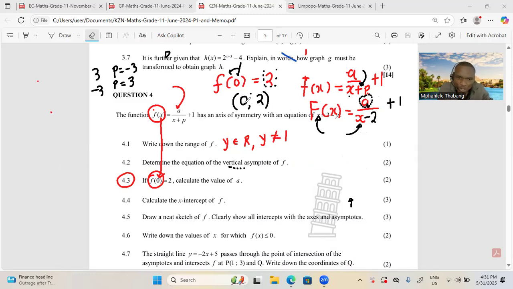So 0 is my x, 2 is my y. Remember, I said (0, 2) is a point on the graph of f. So we have a right to substitute x and y, this f of x and x, with a point which is on the graph of f. So I will say my f of x is 2. My x is 0.